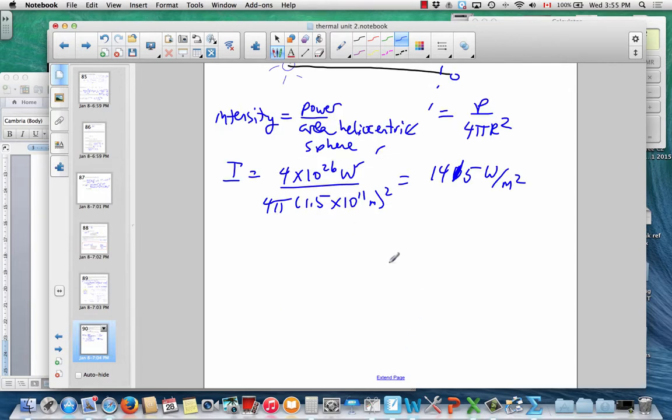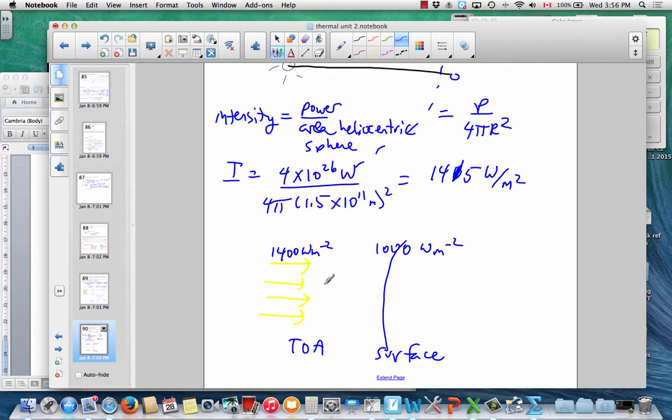So how did we get the 1,000? Okay, so we're here on the Earth, and then up here, at what we call the top of the atmosphere, it's about 1,400 watts per meter squared. But down here on the surface, it's been reduced to 1,000.